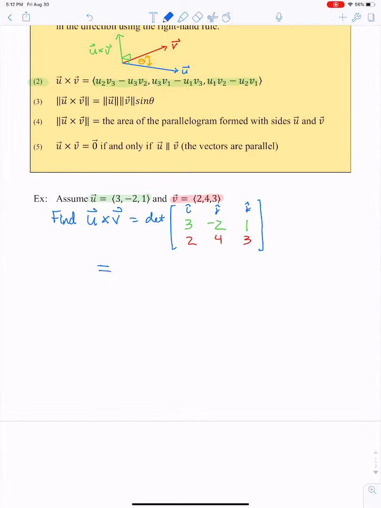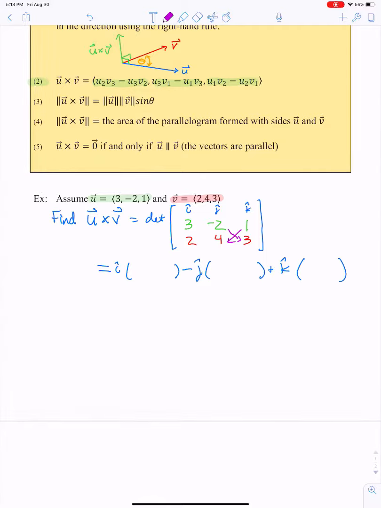Okay, so then that is equal to, and I think of it as i times a product with a difference, minus j, and then plus k times, and then I fill in the values. So when I compute the i values, I'm going to use the 2 times minus 3, and then minus 1 times 4.